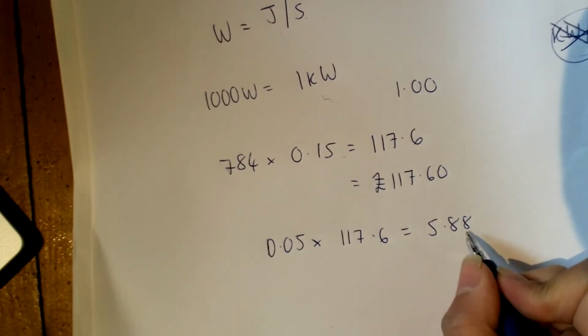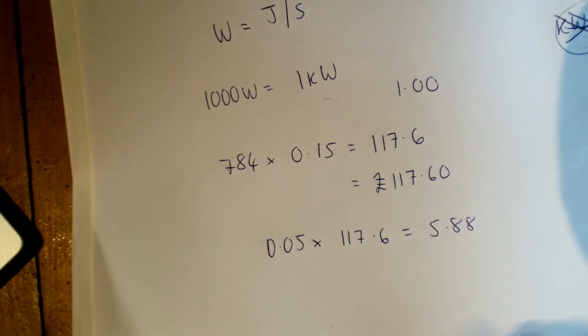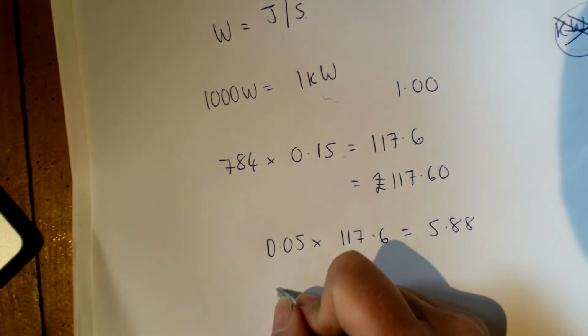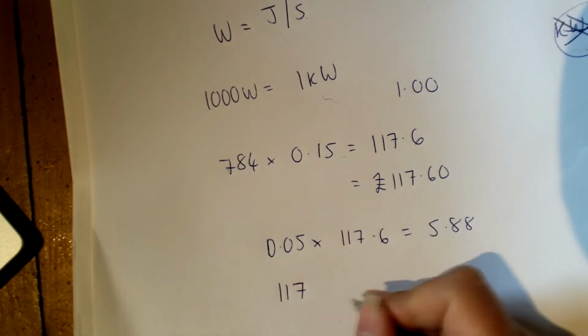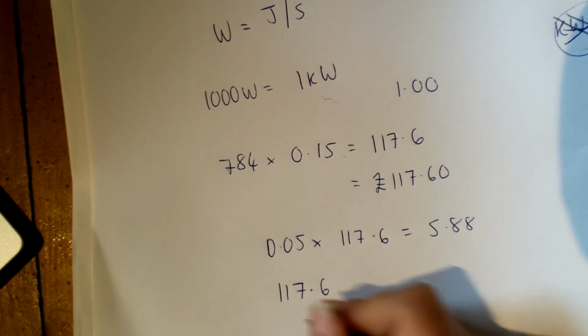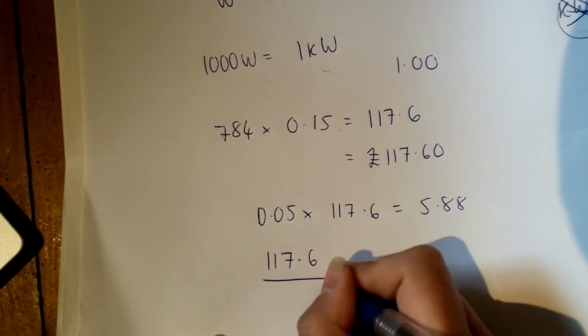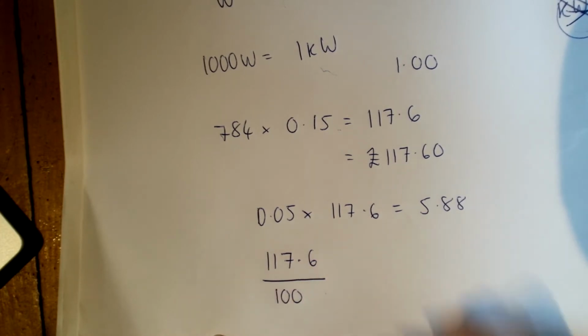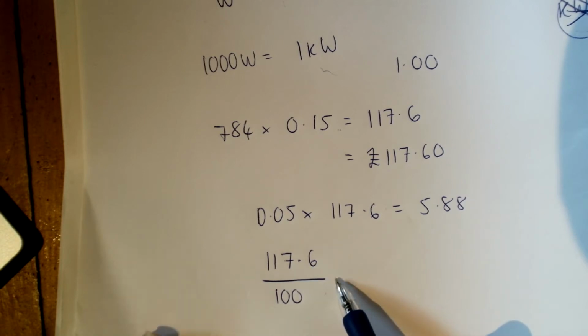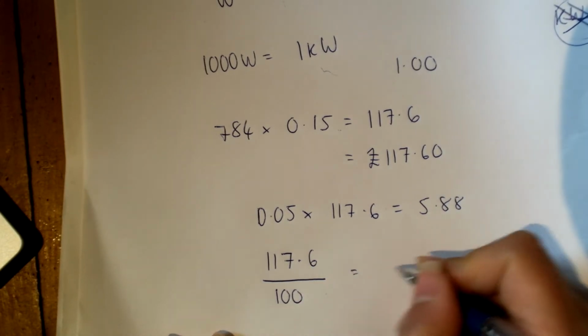Or I think you've just done this with Mr. Morkison, if I'm correct. Or you can take the £117.60. If I wanted 100 even pieces of that, I'd need to divide it by 100. That will give me 1%.